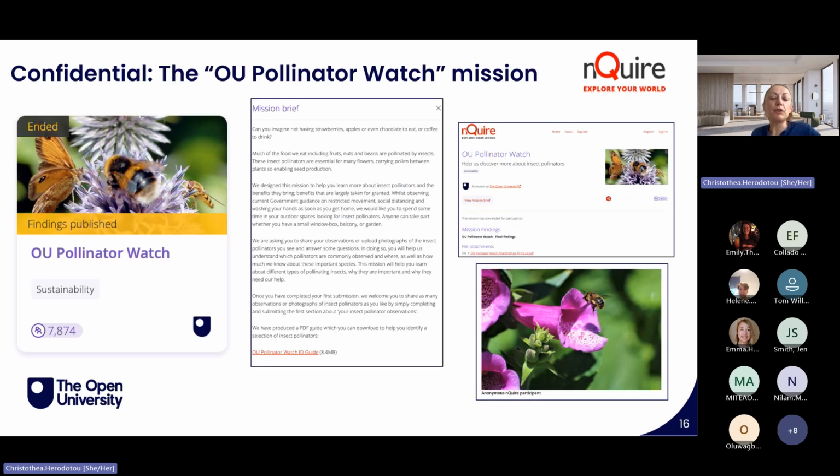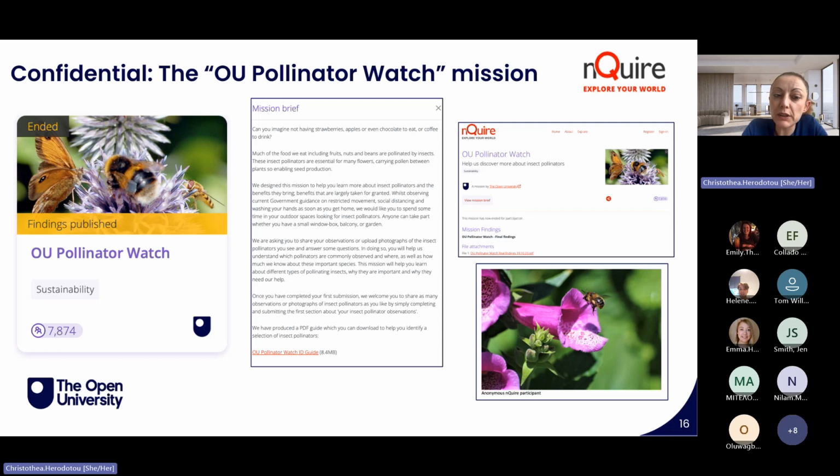So the first example I've got here is the OU Pollinator Watch. This was designed during COVID by OU academics. It had nearly 8,000 responses. And the idea here was to ask people to take pictures of pollinators in their gardens or local parks.